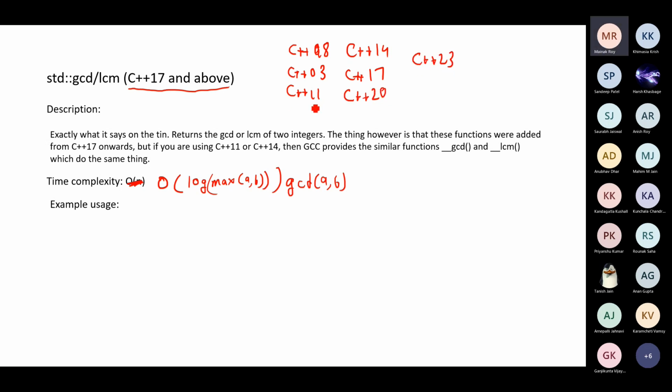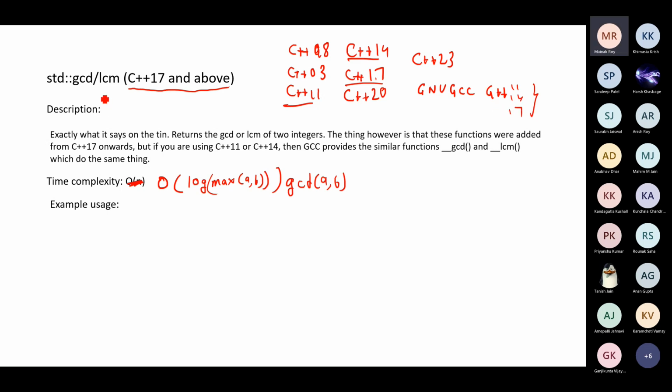You must have found these options on any online judge. You have probably found something written as GNU GCC G++ 11, 14, 17. These are just versions of C++.